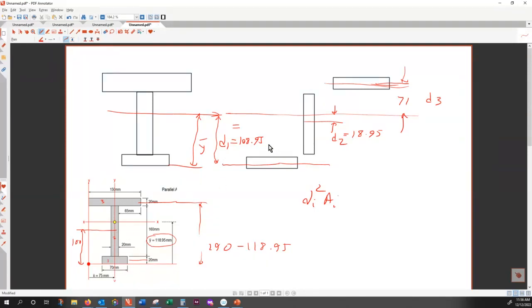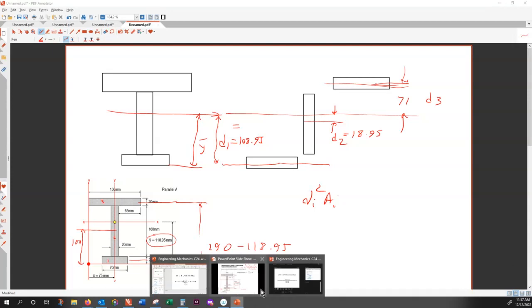What is the penalty for the second term? The second term is d2 squared multiplied by the area. The area of this one is 20 multiplied by 180. And the penalty for the third term is d3 squared, 71 squared multiplied by the area, which is 150 multiplied by 20. All right, so now I demonstrated how the individual components are calculated.